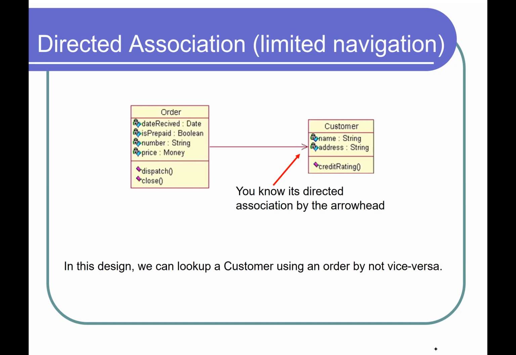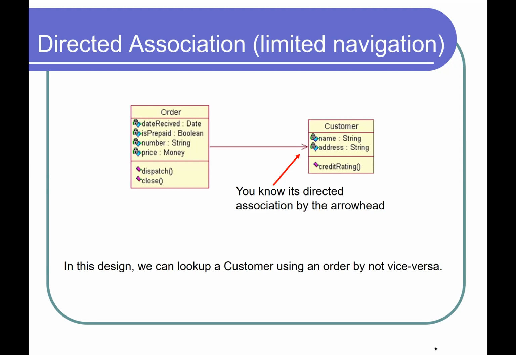Next up here, for example, a little bit more information. I got a class called order and a class called customer, okay? And you know that this is a directed association because the line has an arrow at the end, okay?